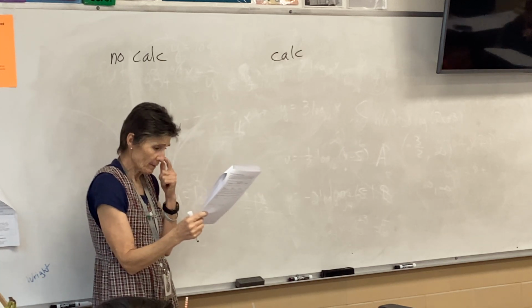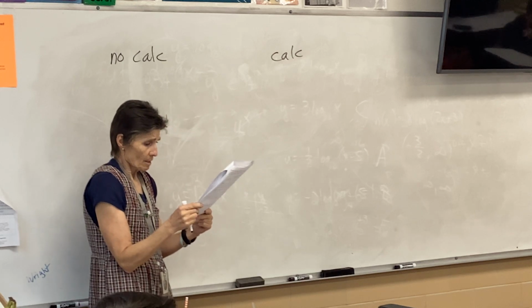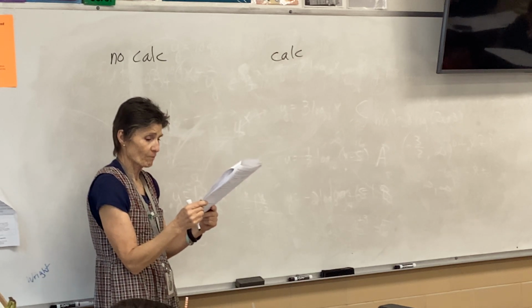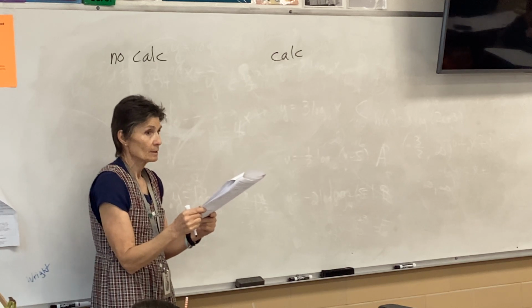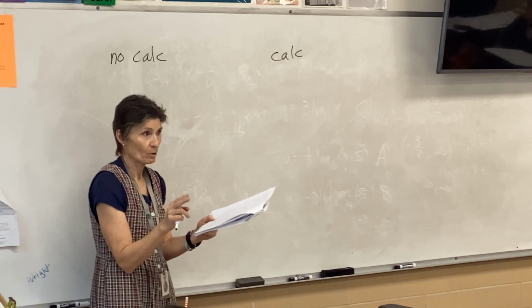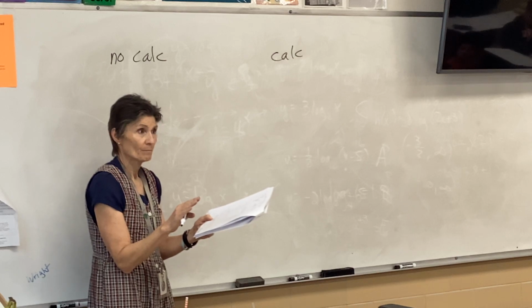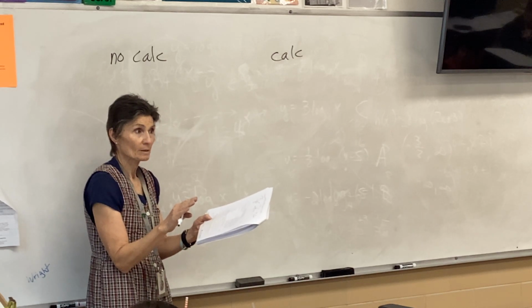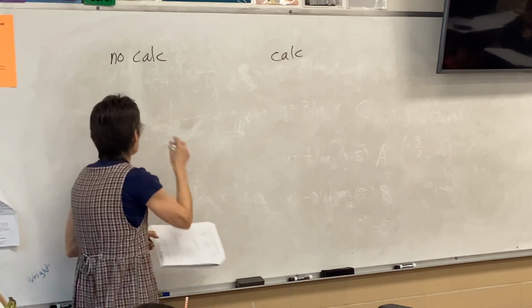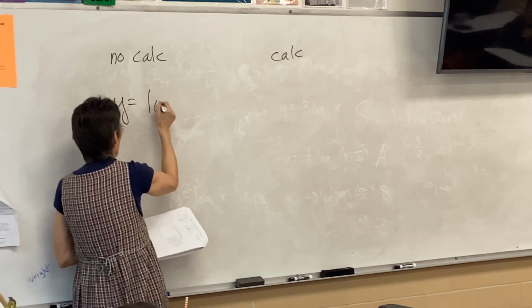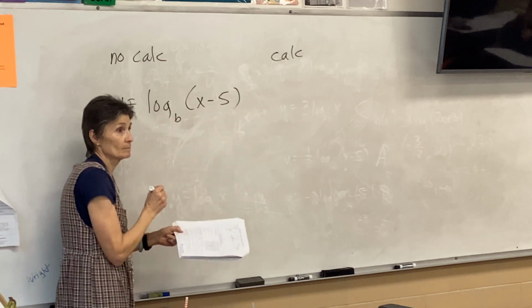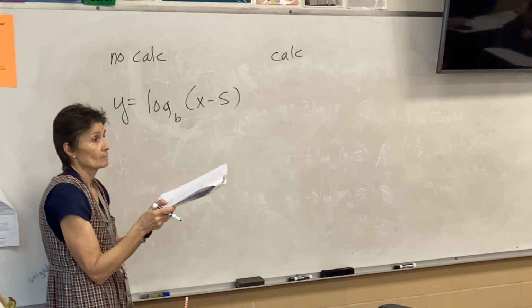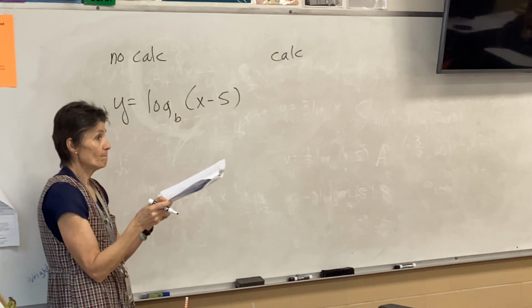Write an equation for a logarithmic function that has a vertical asymptote at 5. Okay, so what does that tell me about my equation right off the bat? Kennedy? It'd be x minus 5. Yeah, so whatever it is, y equals log base something, this is gonna be x minus 5. Agreed?